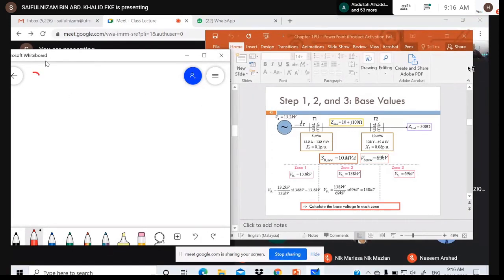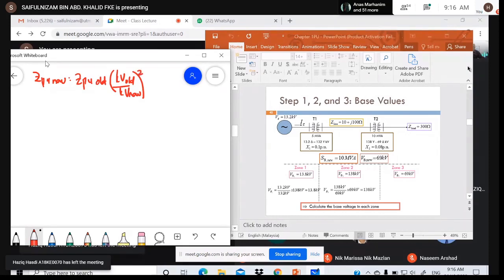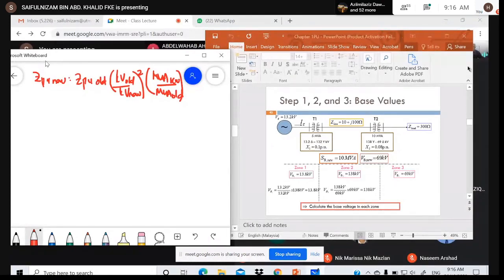Remember the equation: Z PU new equals Z PU old times KV old over KV new, all squared, don't forget the square, times MVA new over MVA old. This is the important equation to relate the new per unit value with the old per unit value.